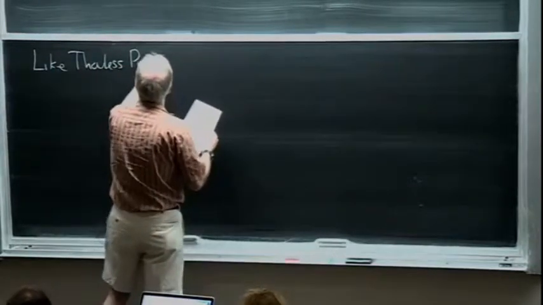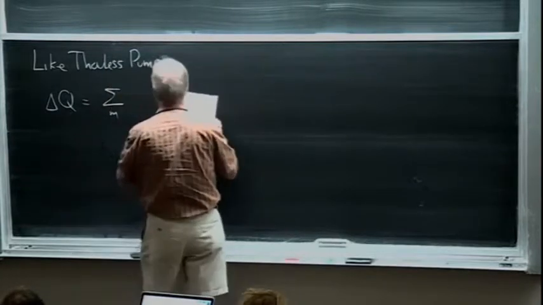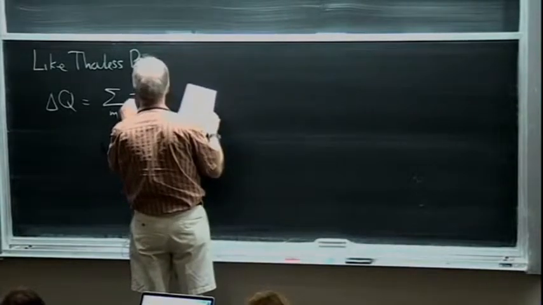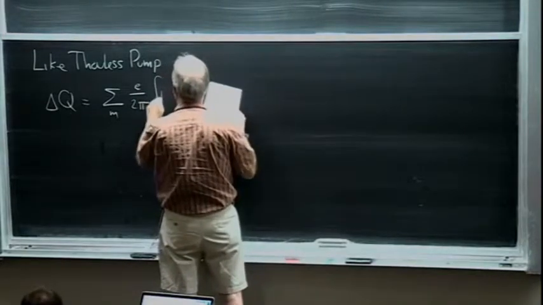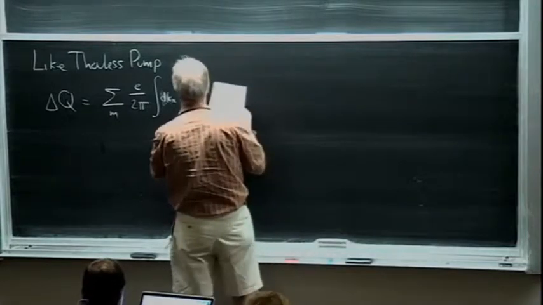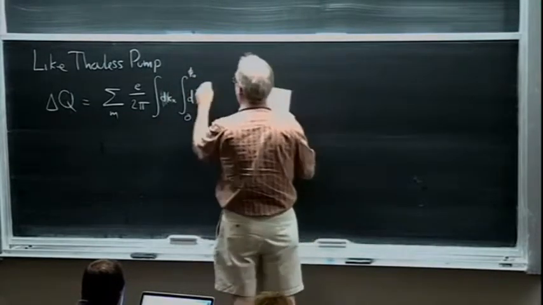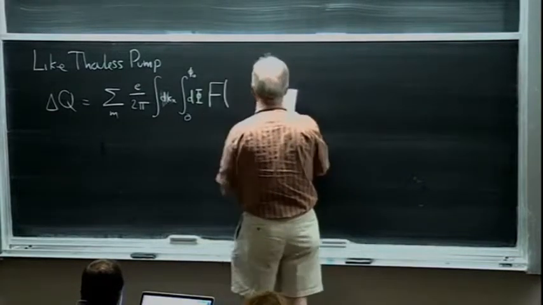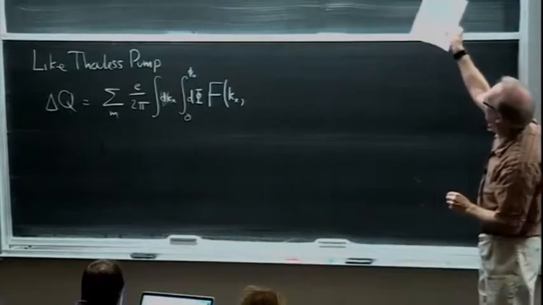And so if I treat it as a Thouless pump, then the charge that gets pumped is going to be a sum over all of the subbands of e over 2 pi times the Chern number, which I told you is the integral over kx and the integral over the parameter, which in this case is the flux, of the Berry curvature F, which is now a function of kx and the flux, but it depends on the flux.